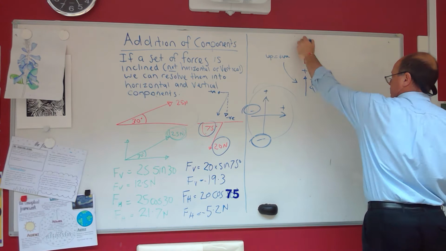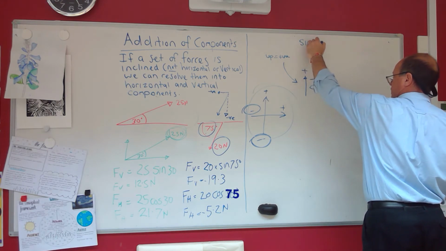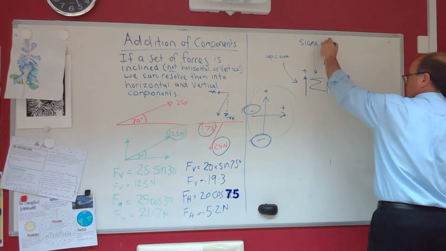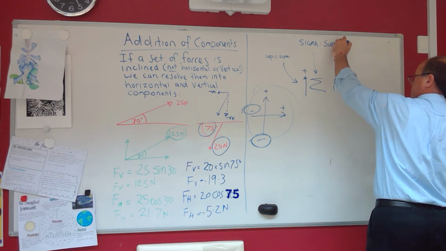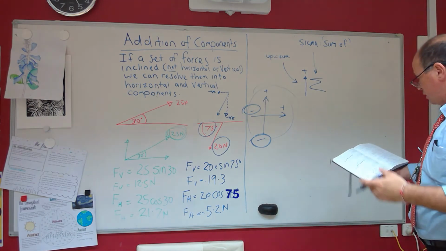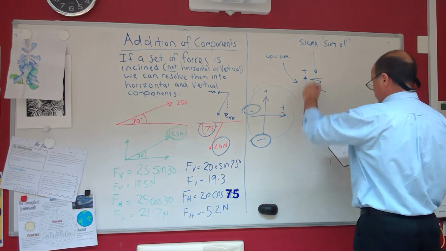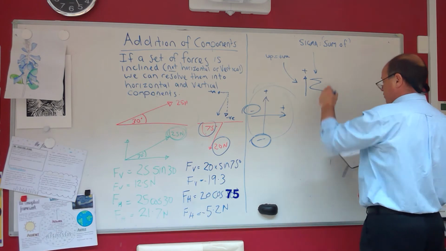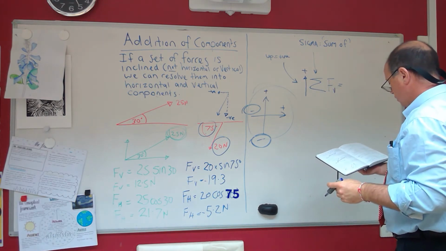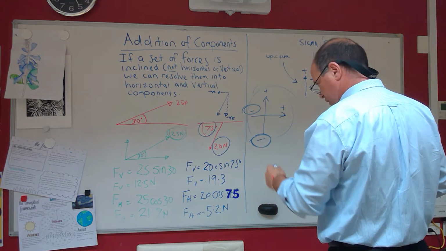This is sigma. It's a Greek letter, and it means, for all of you people that don't do advanced mathematics, the sum of, adding up, okay? So up is positive, sigma of forces vertical is equal to, and we just add those two values, okay?